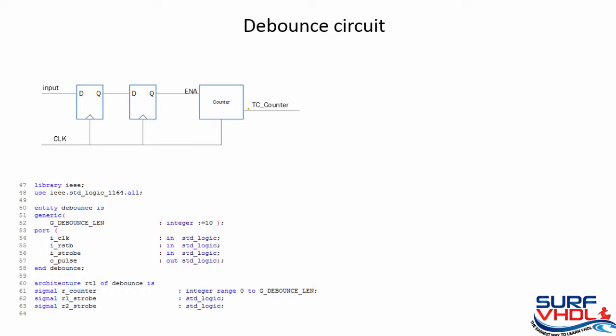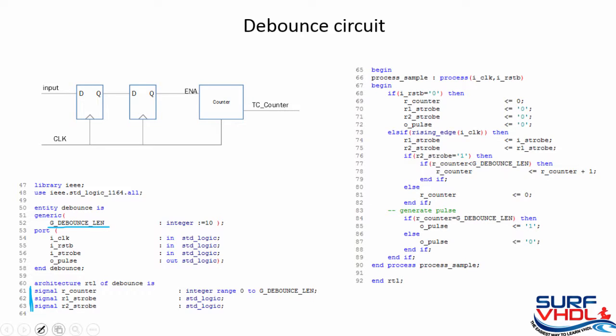This is an example of an entity that implements this circuit. We use a generic to define the debounce length, and then we have input clock and reset, input strobe, and output pulse, the declaration of our internal signals, and then under reset, we reset all the internal state.